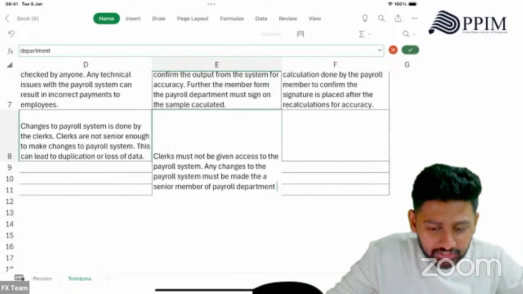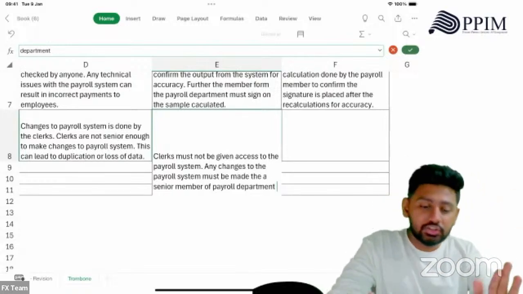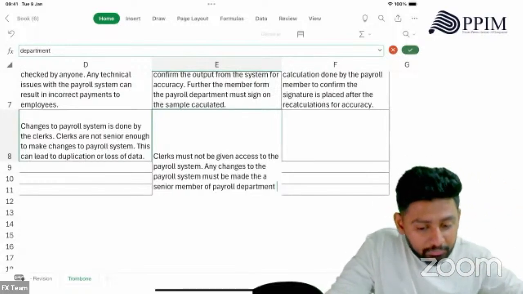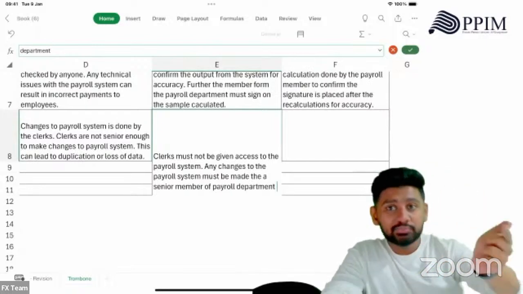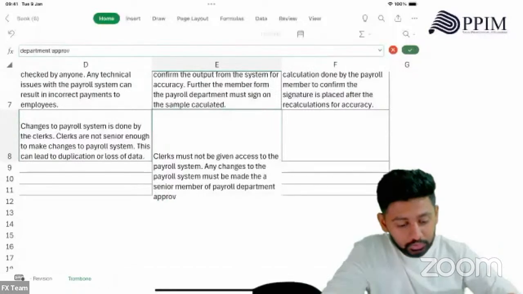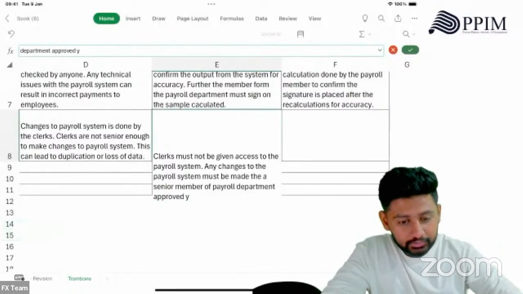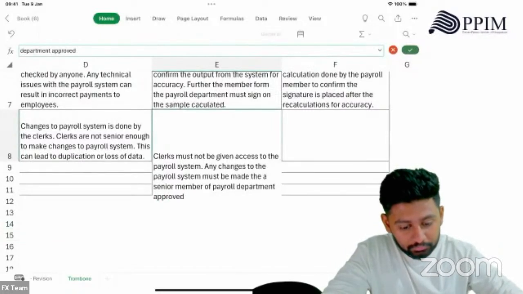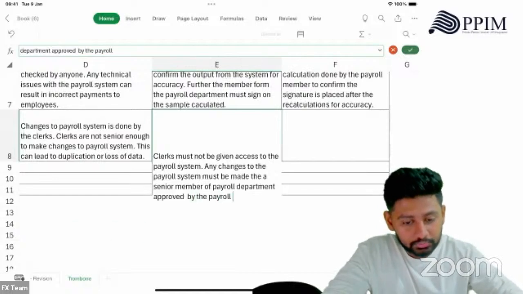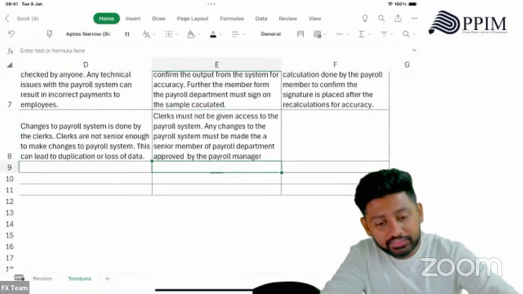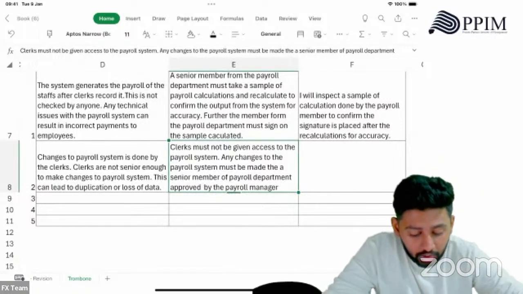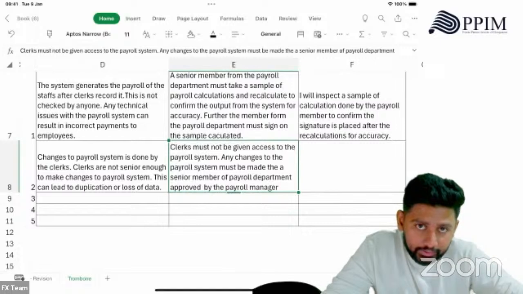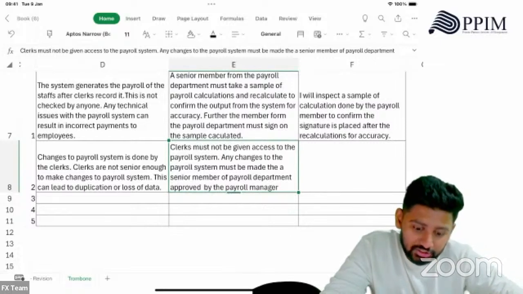Or clerks must not be given access, and any changes to the payroll system must be made by a senior member of the payroll department, but that has to be approved by the payroll manager. Now, how do I test if this control is working or not?